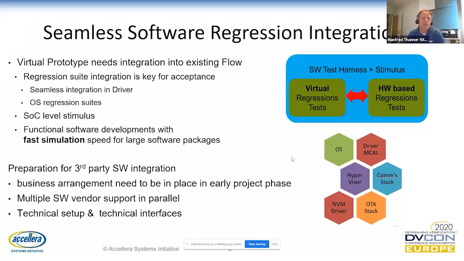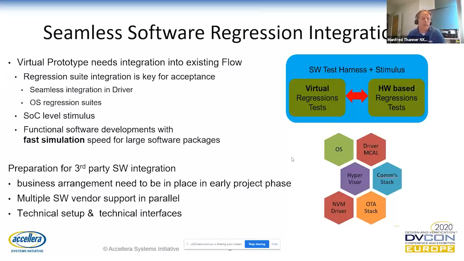The key to gaining productivity and preserving the investment in the existing regression suites is that a virtual prototype is capable of fitting into existing regressions. That needs to be done and pipe cleaned even before the models become available, so a close engagement on project preparation is necessary.